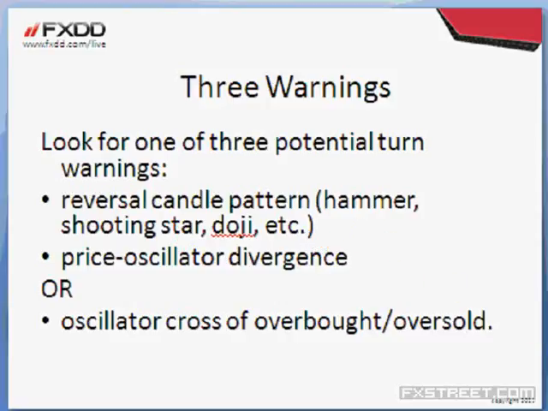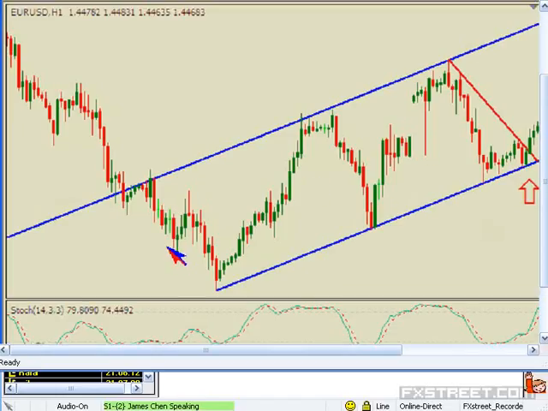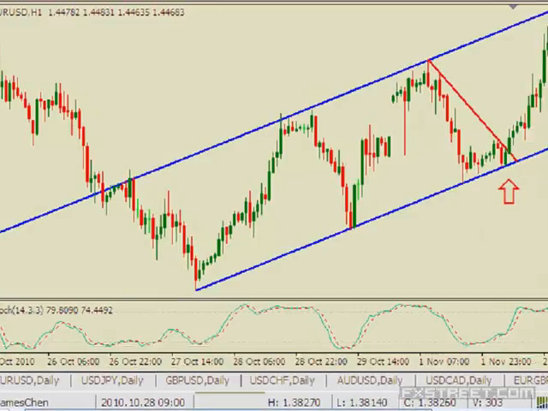And then once I see one of these turns, or preferably more than one of these indications, my trigger is a breakout play. In the case of some type of channel, whether it's a horizontal channel or an uptrend channel or a downtrend channel, I'm simply looking for a breakout of some intra-channel trend line. Okay? And to me this is a trending market, but it's also a ranging market.